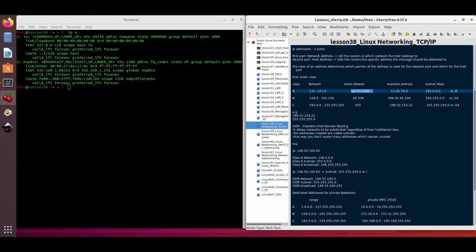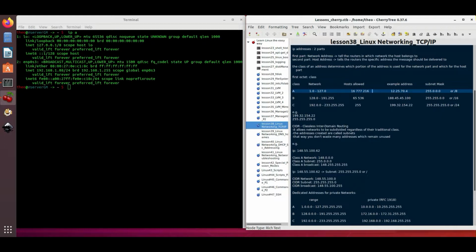There are 16 million hosts, almost 17 million. An example address would be 12.25.70.4.